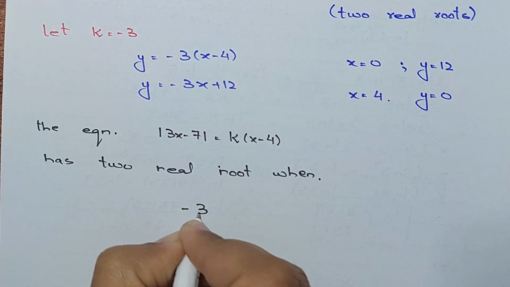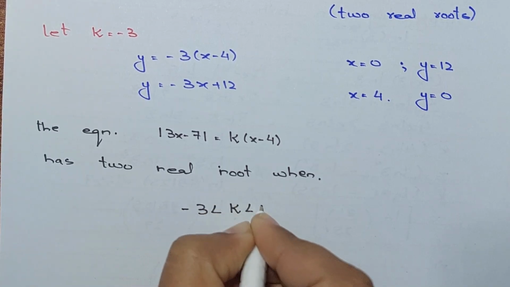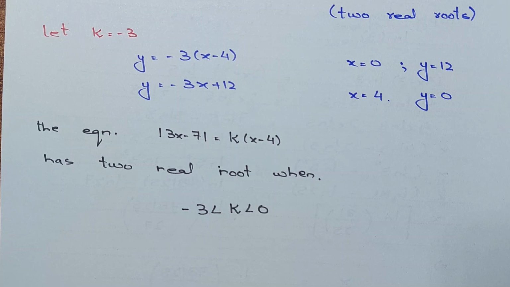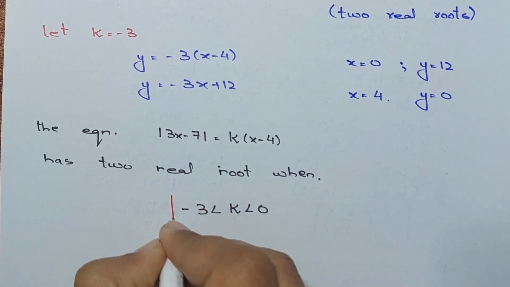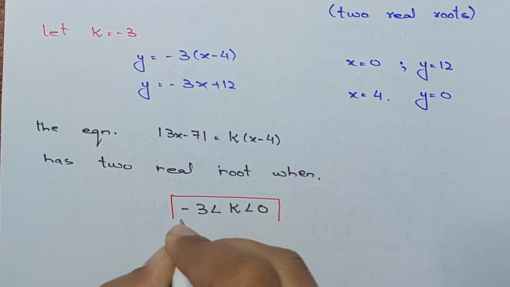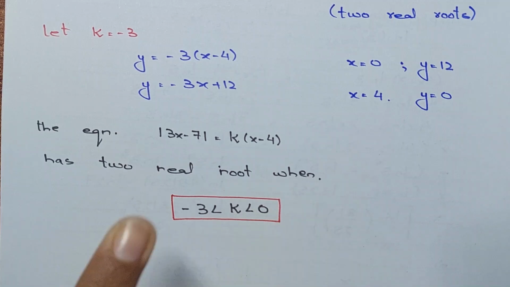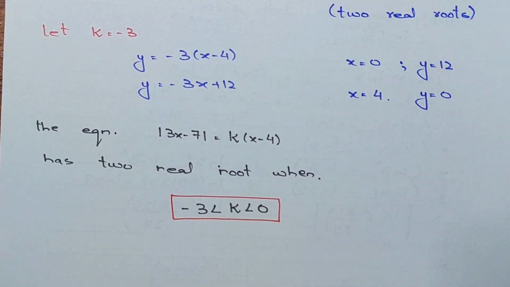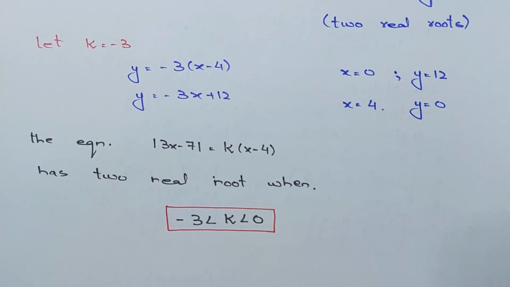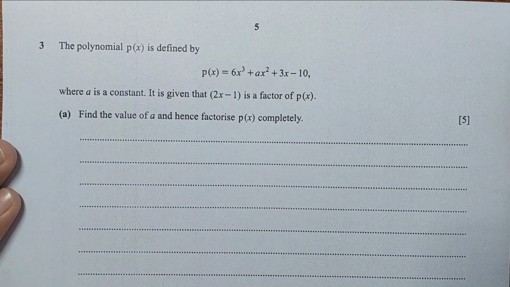We can say negative 3 is less than k is less than 0. So this is the interval, right? When the k value is negative 3, it has one real root. For negative 2 and negative 1, it has two real roots. And for 0, again, it has one real root. And when you put k value 1, 2, 3, and so on, there is no solution, no point of intersection, right? So this is the set of values of k. I hope this is clear now.